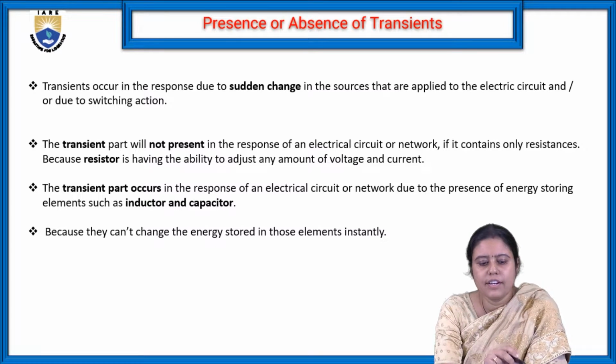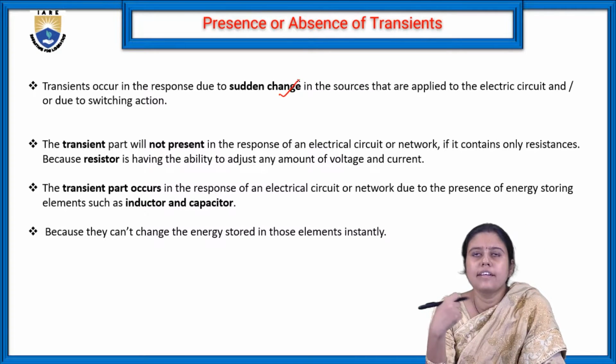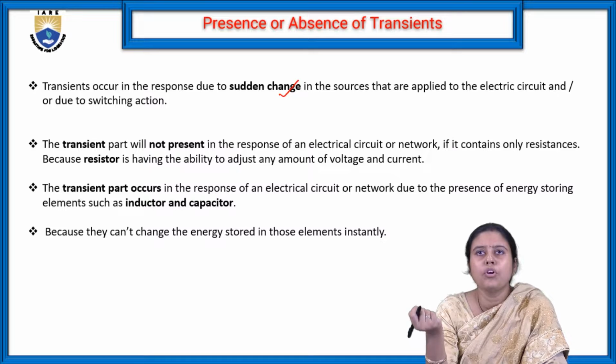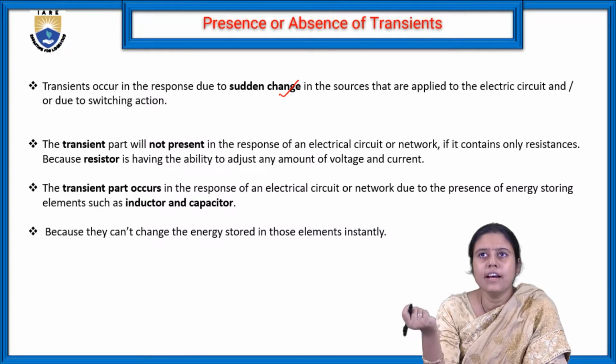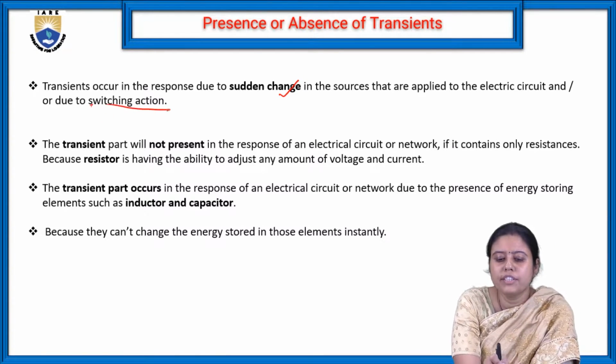We have discussed that transients occur in the response due to sudden change in the source. So if there is any sudden change in the source, we can tell there is the presence of a transient. So what is the cause of the sudden change? Due to the switching action.